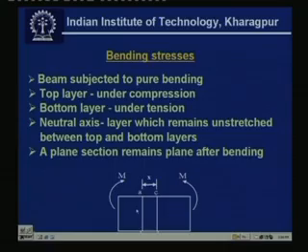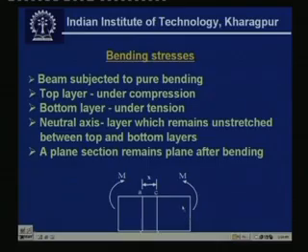This particular axis is called the neutral axis. We can also consider that in pure bending the cross section of the beam has axial symmetry, and the assumption is that after bending, the plane section, or the cross section, remains plane even after the beam has undergone bending.